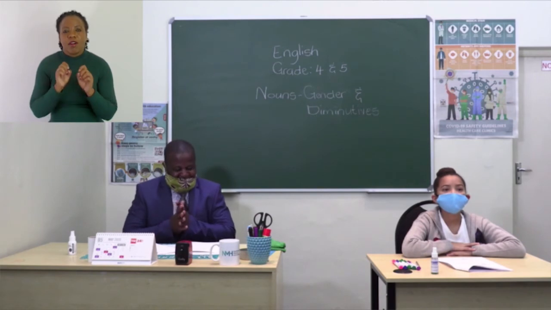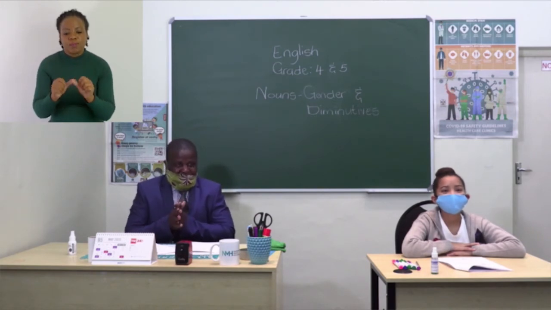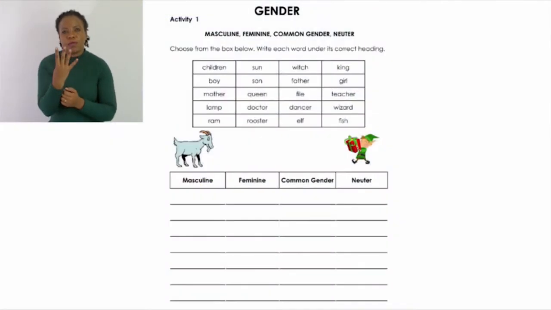Okay, boys and girls, let's continue. Let's open our books on page 4, where we have an exercise that we are supposed to be doing. Your duty is to look into the box, the table with nouns. Just write those nouns under the correct heading.